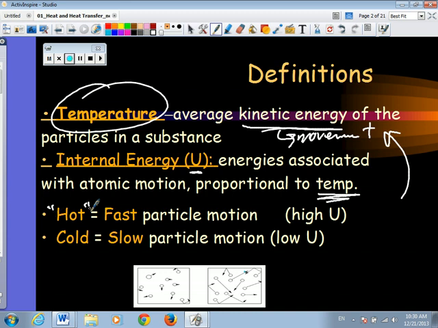If an object seems hot, that means the particle motion is fast, or it has a high U. If it's cold, I'm putting those in quotes because those are interesting, you'll have slow motion. You can think of it like a lighter. If you try to light a lighter on a cold day, the molecules in there are moving slow, and it's harder to light.